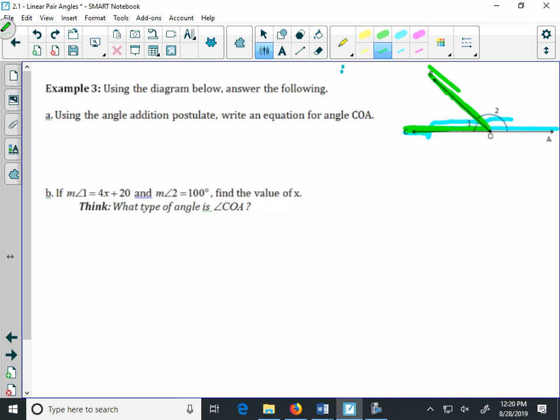No, like how would you name it using your points or a number? BOA. There we go. Those two angles make up that straight angle.